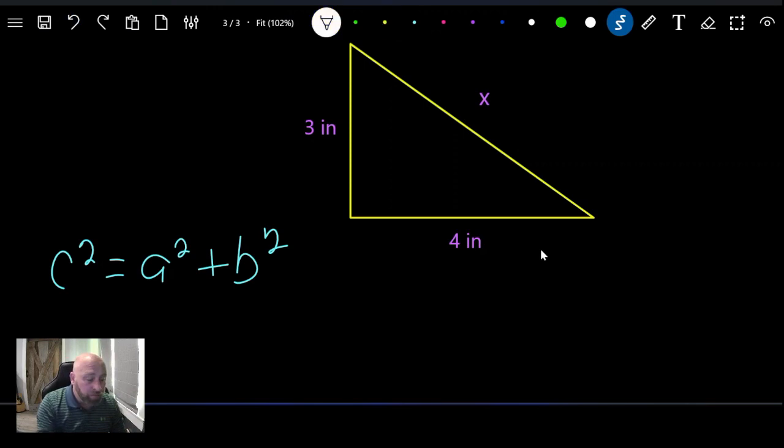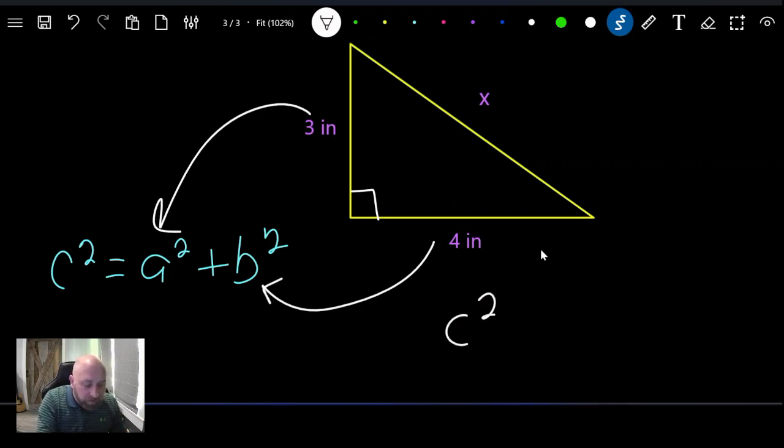So if we go through this, this x is technically our c, right? Because that's our hypotenuse. Because this is our c side. This would be our small letter c. That's our hypotenuse. So our 3 could go in here, and our 4 could go in here, and we end up with c squared, or you could call that x squared.